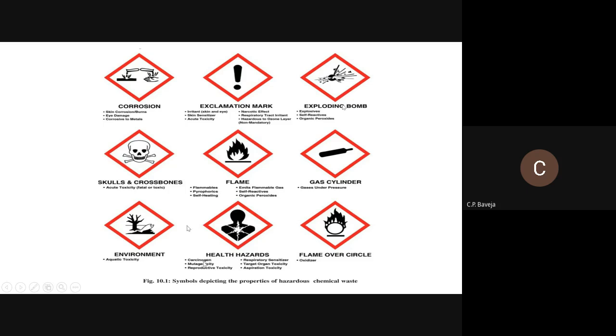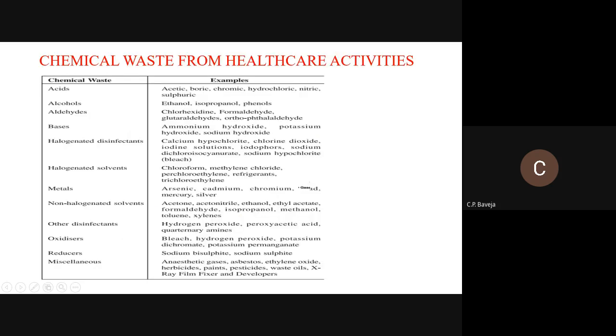It may be carcinogenic, respiratory sensitizer, target organ toxicity, mutagenicity, reproductive toxicity, aspiration toxicity. This is the gas cylinder: gases under pressure. This flame: it will be written that it is flammable, pyrophoric, self-heating. So these are just examples of some labels.